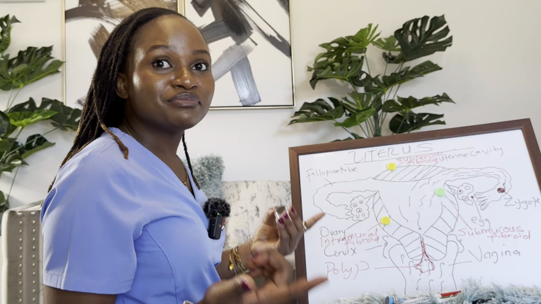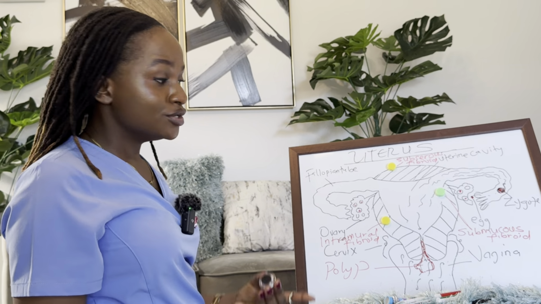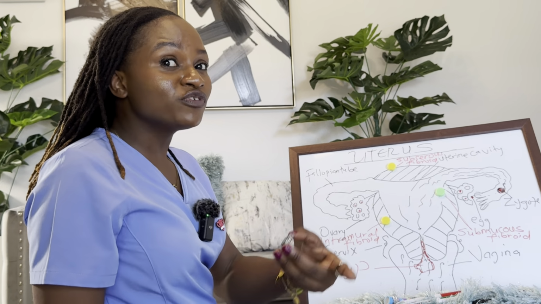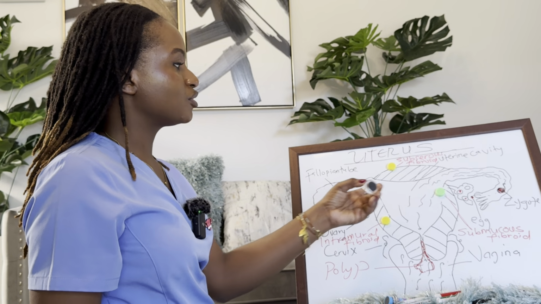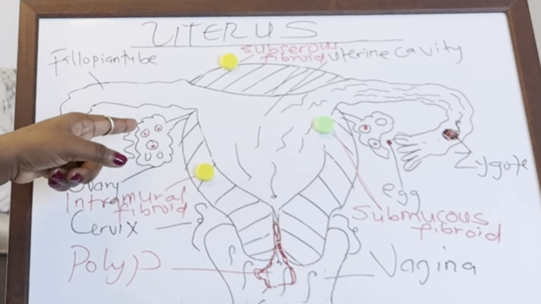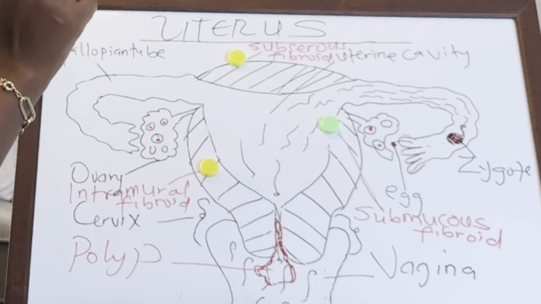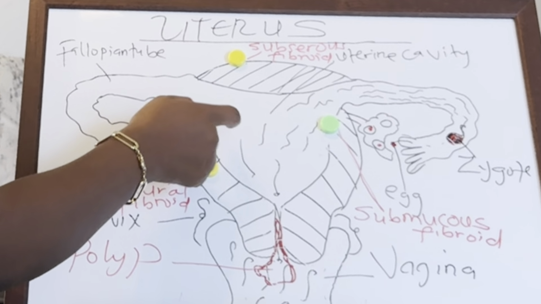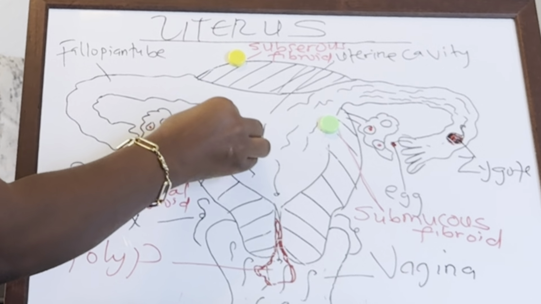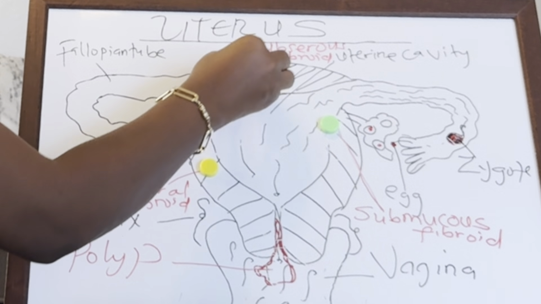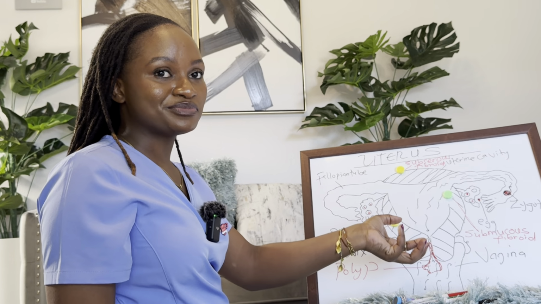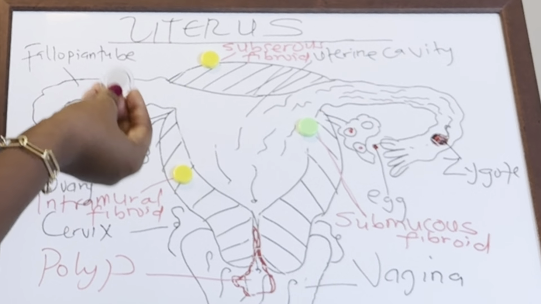And another thing is, remember you have 2 fallopian tubes. You also have 2 ovaries. So ovulation, that's the release of a mature egg, can occur anywhere. So if the ovulation occurs here, and then the fertilized egg travels all the way, it can decide to implant here, it can decide to implant anywhere. So how this submucous fibroid can prevent you from getting pregnant is if it prevents implantation.